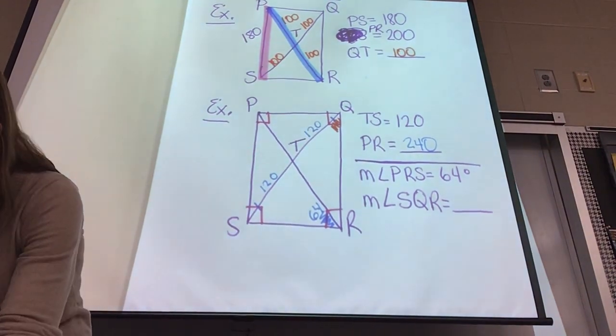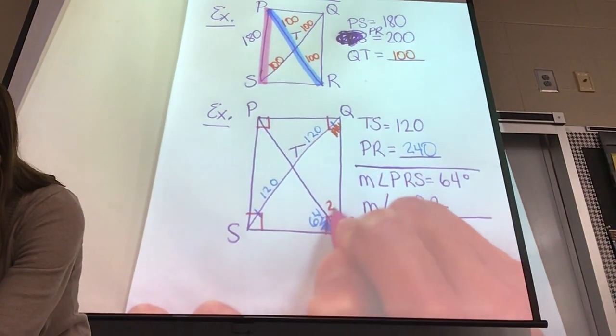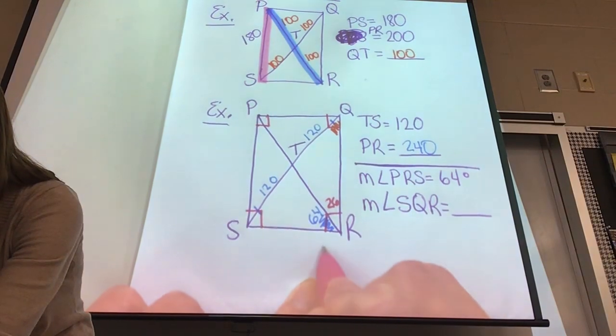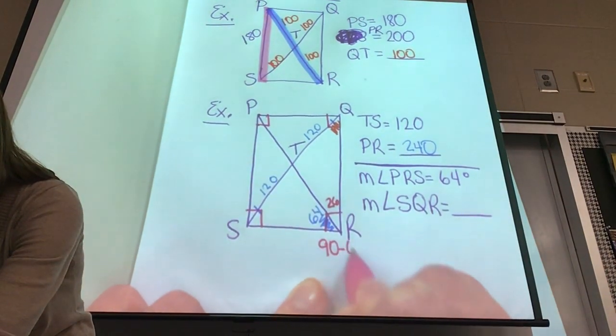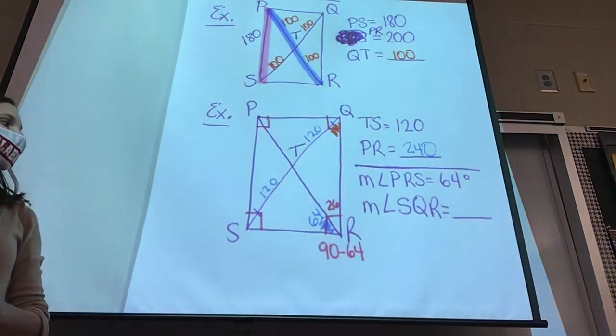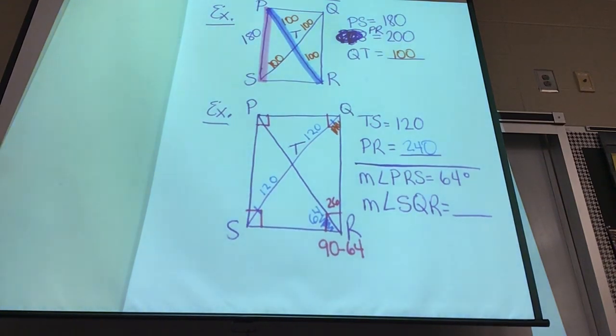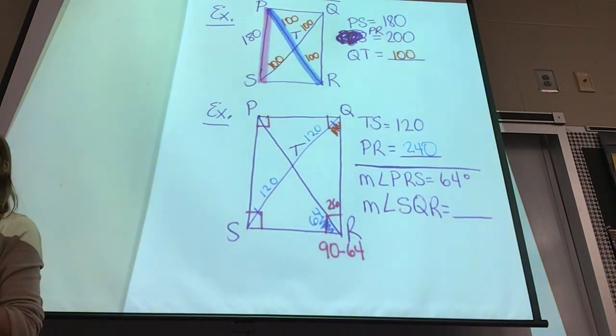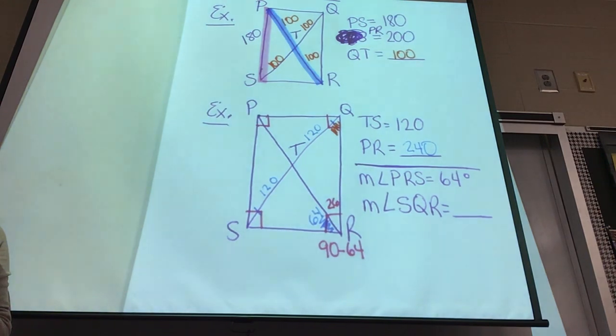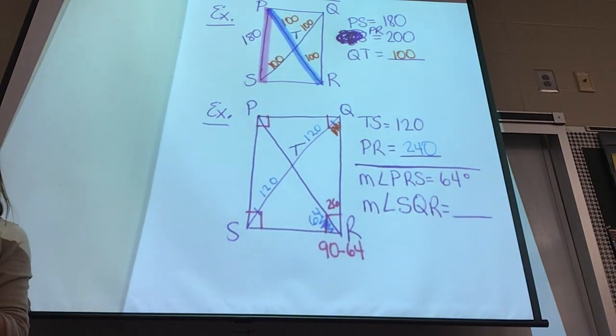32. It's 26. Well, you having some trouble today? So, to get that one, I did 90 minus 64. Your calculator hates me. And I got 26. Miss Hall, your calculator hates me. Why would it hate you?